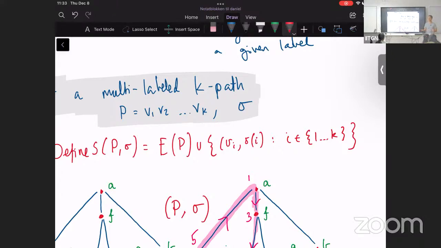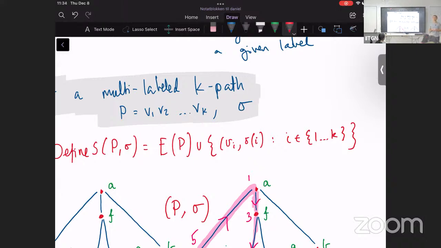But when I say that given S(P, sigma), I can uniquely recover P and sigma, what I mean is I can uniquely recover them up to reversal. But from left to right and right to left, S(P, sigma) will be different now.